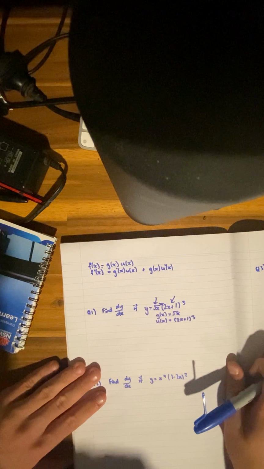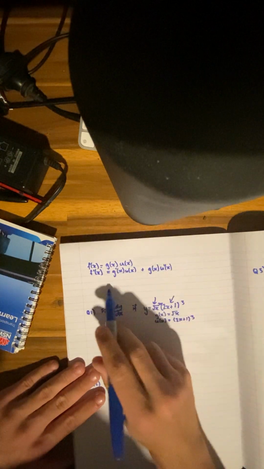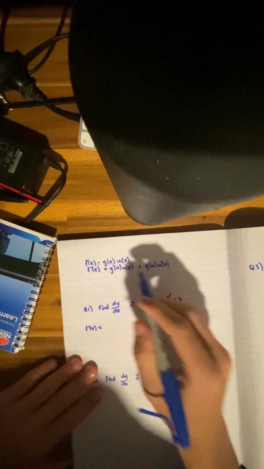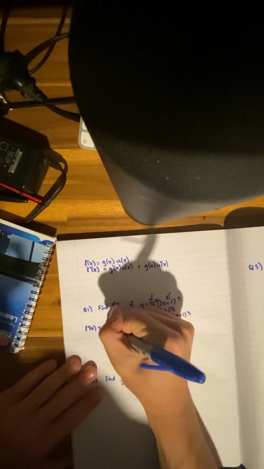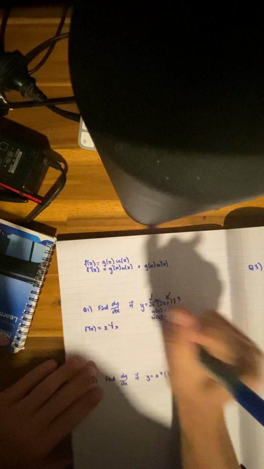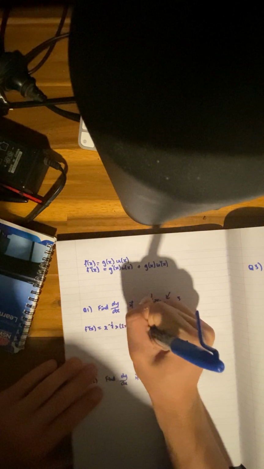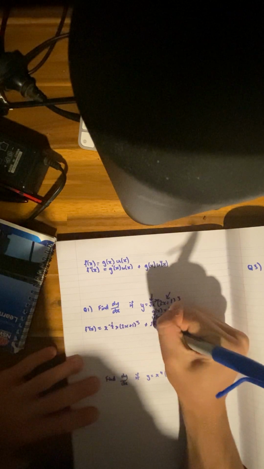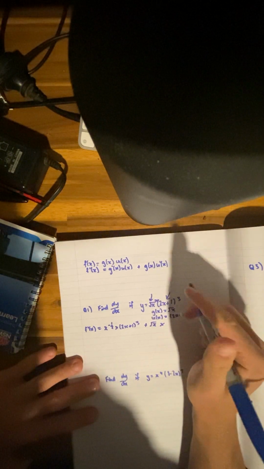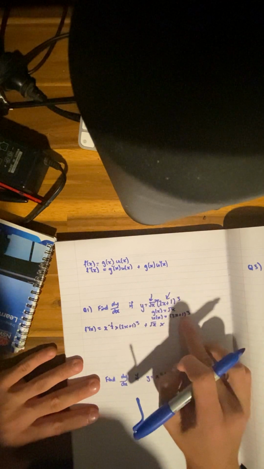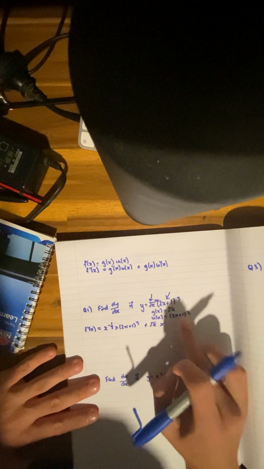So now, applying this formula, f dash x will equal the derivative of root x, which is x to the minus a half, times u of x, which is (2x plus 1) cubed, plus root of x times the derivative of this function, which is a little different because we need to use the chain rule here.